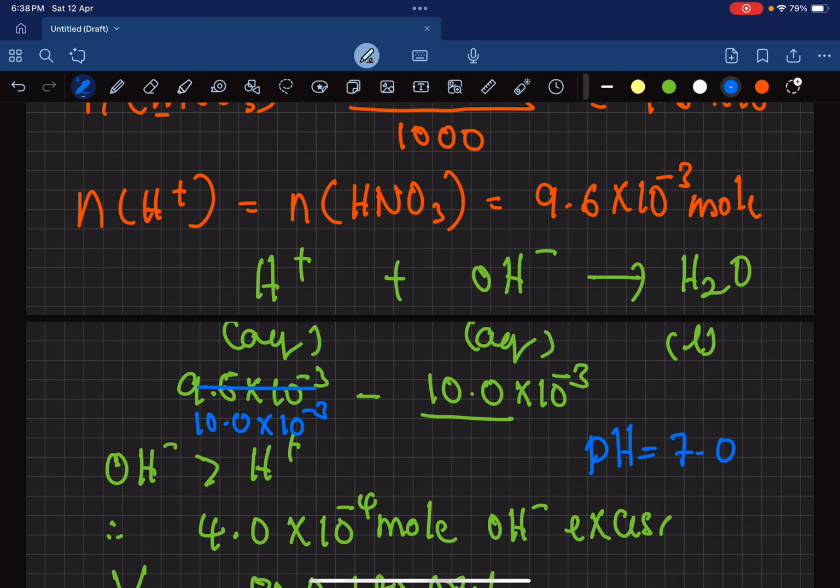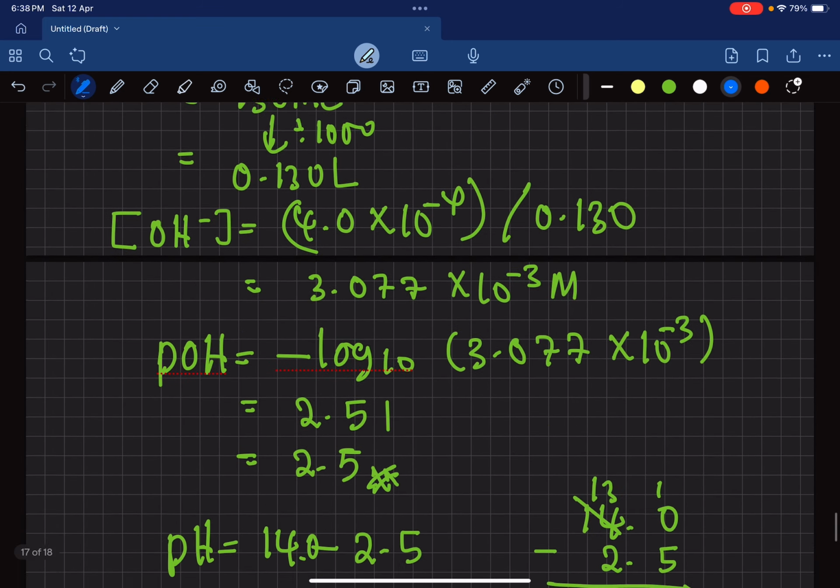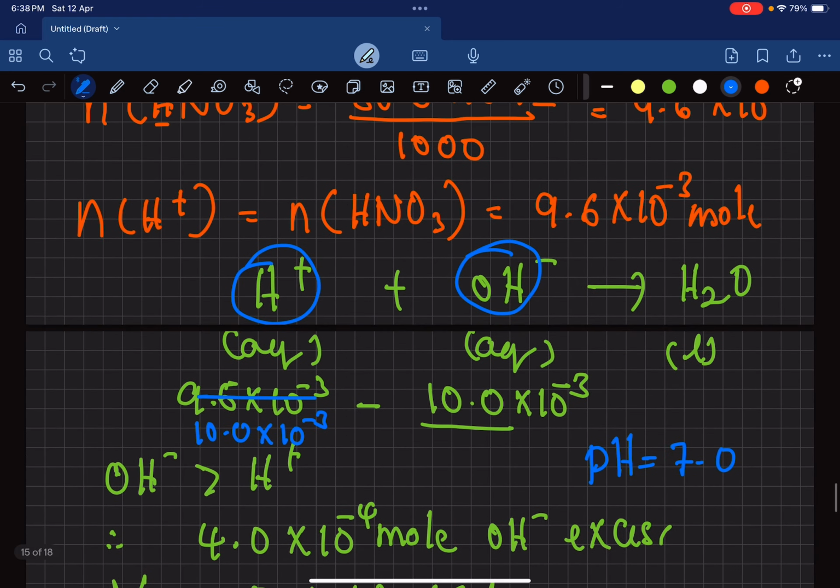Please remember that. Let's say one is 0.02 and the other is also 0.02, then rest assured the pH is going to be 7. You just say OH same as H, pH is 7. You don't have to continue doing all of these calculations. It's automatically understood that pH is 7.